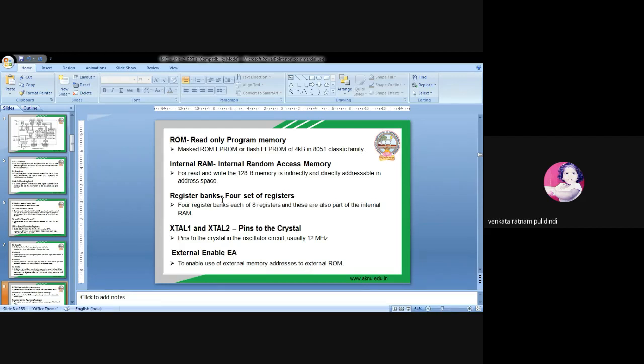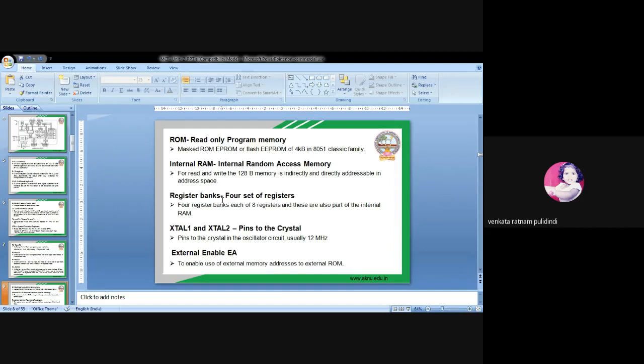Okay, now the register banks. The 8051 microcontroller has four register banks: R0, R1, R2, R3, each of 8 registers. That means we have 32 registers in the register bank. For example, in R0 we have 8, in R1 we have 8, in R2 we have 8.